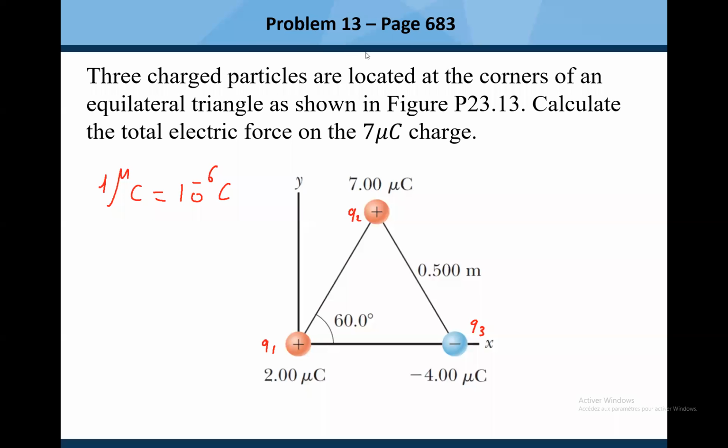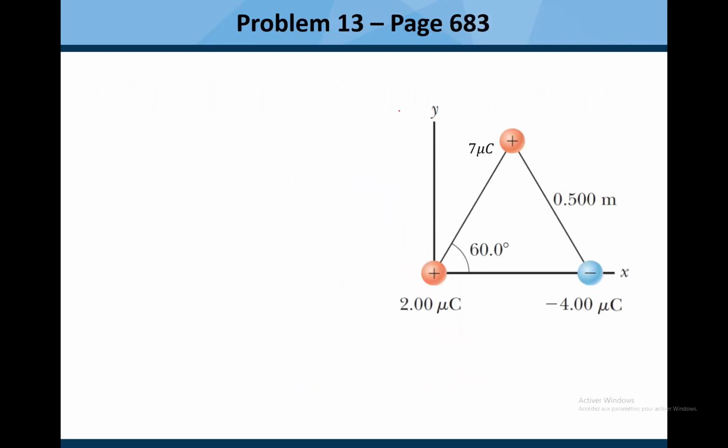First of all, I have to draw all the forces applied on Q2. Q1 and Q2 have identical charges, so the force between them is repulsive. So F12 must be outward.